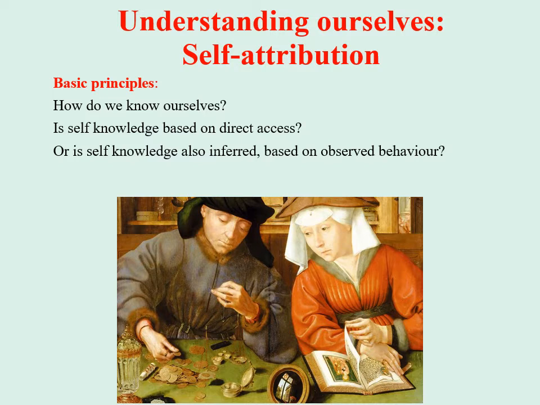Self-attribution theory makes a contrary claim. It is argued that our self-knowledge is also based on inferential processes, observing and interpreting what goes on, rather than some kind of direct privileged access to our internal processes.